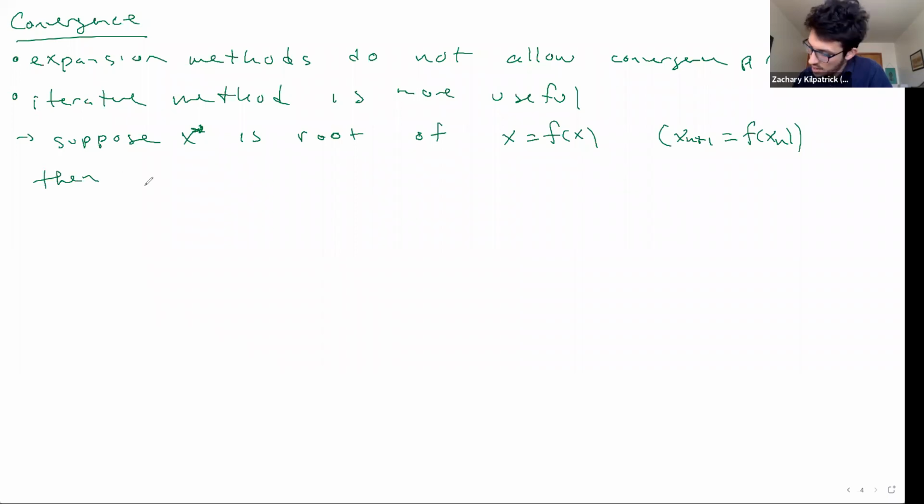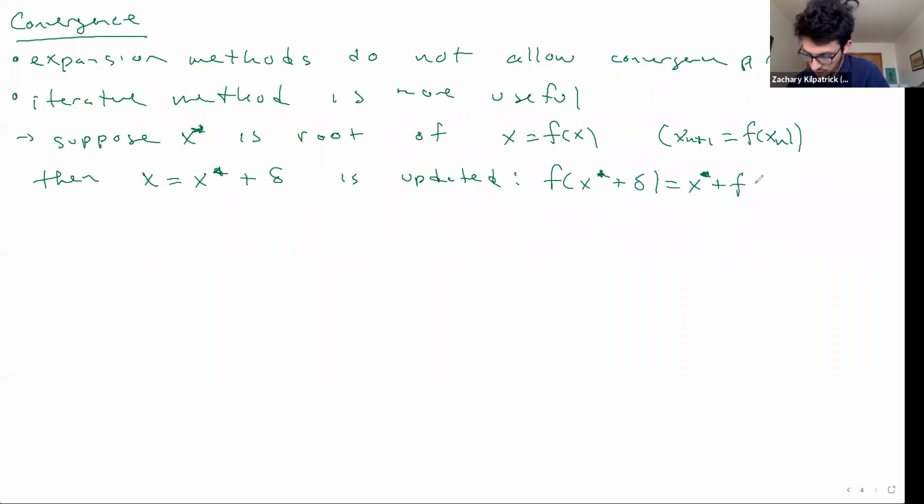Well, then x equal to x star plus some delta is going to be updated as follows. f of x star plus delta is equal to, and now I can Taylor expand, x star plus f prime of x star times delta plus little o of delta, meaning stuff that's smaller in order than delta.